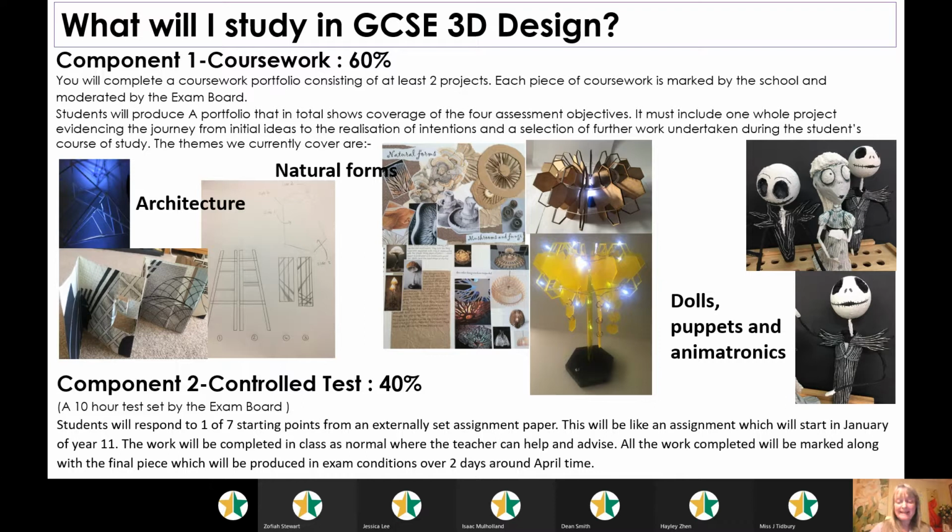And basically by the end of the time, we have to have that handed in by around Christmas time of year 11. By the time you've completed that, you must have at least one of those assignments as a whole. It must have the initial starting idea and that journey all the way through the developing of ideas and all the things that you've experimented with down to your final piece in the end. And that is what a whole assignment would look like.